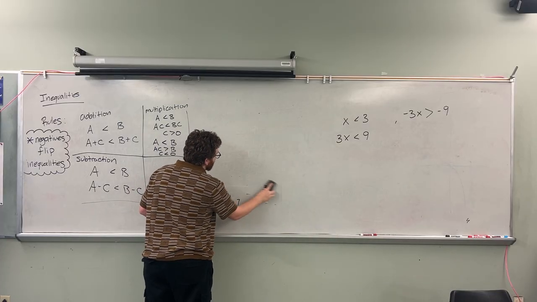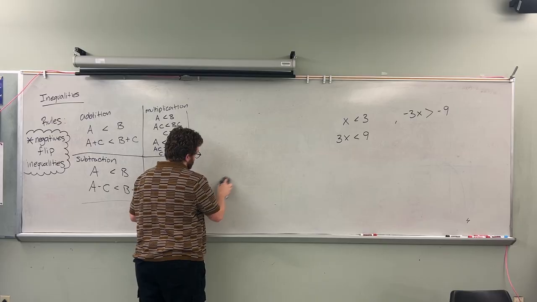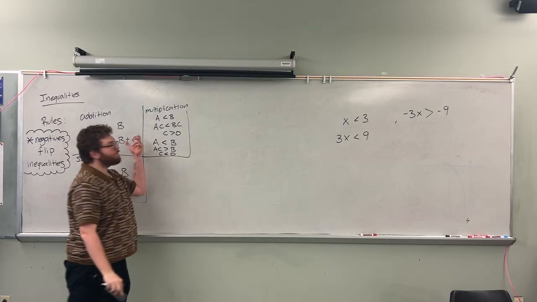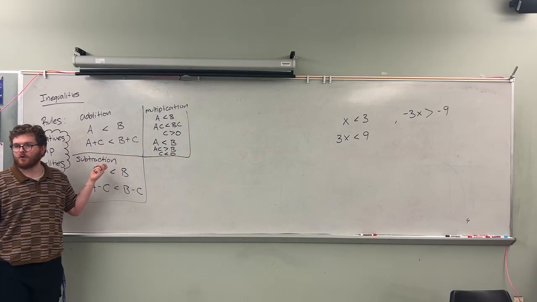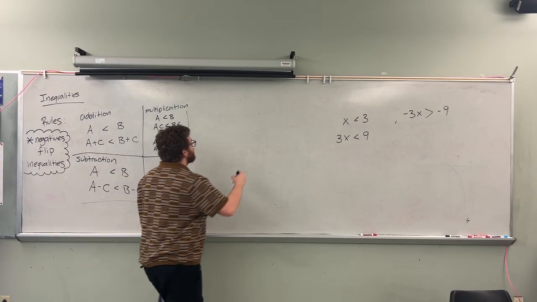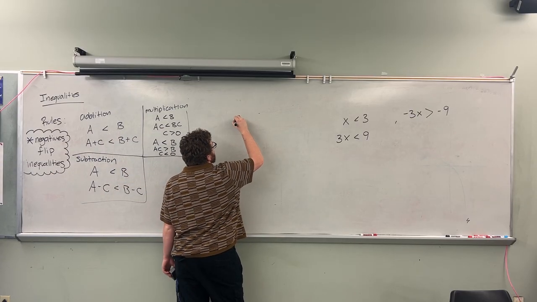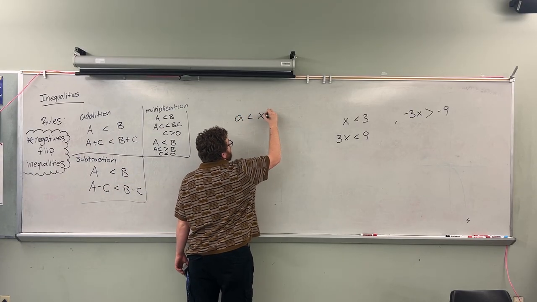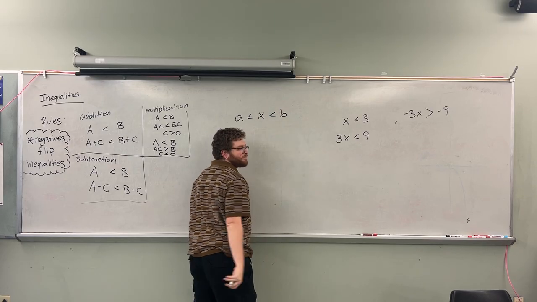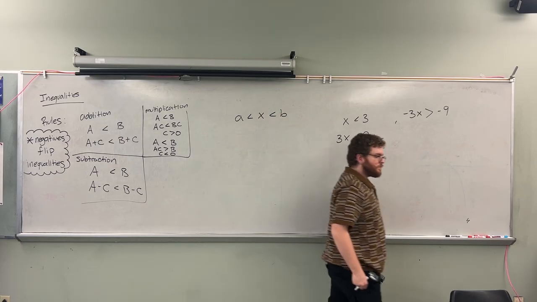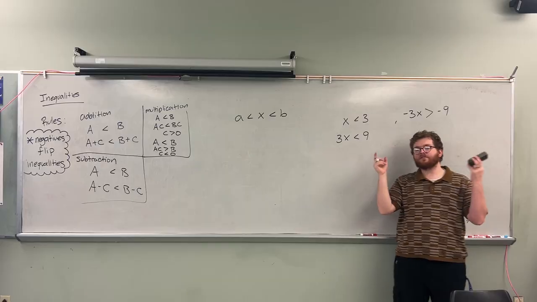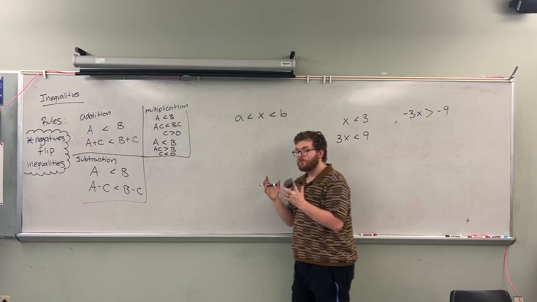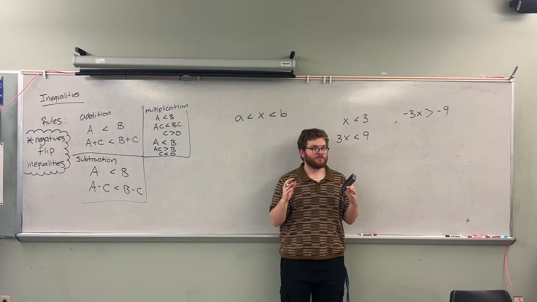We can also have what are called compound inequalities. So this is a simple or a singular inequality, but we have compound inequalities, which are something like A less than X less than B. So it's just saying that whatever value we're interested in is sandwiched in the middle of two other values.